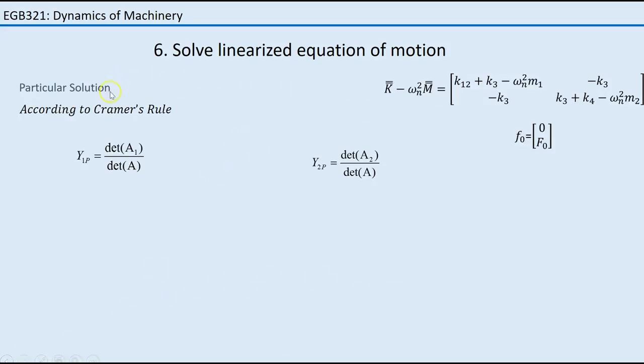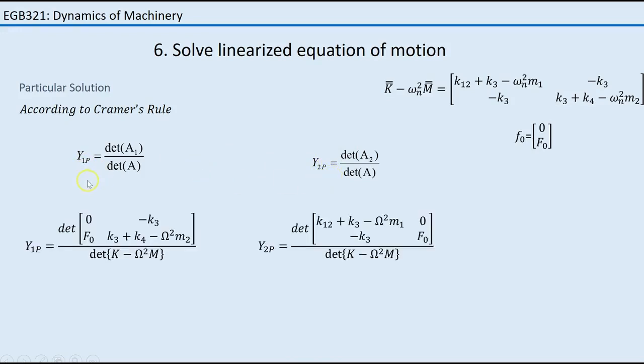For the particular solution, which is for forced vibration, we already know how to find the amplitude of the particular solution. So we need to use Cramer's rule, and with Cramer's rule we get 2 amplitudes, y1p and y2p, and they are expressed like this.